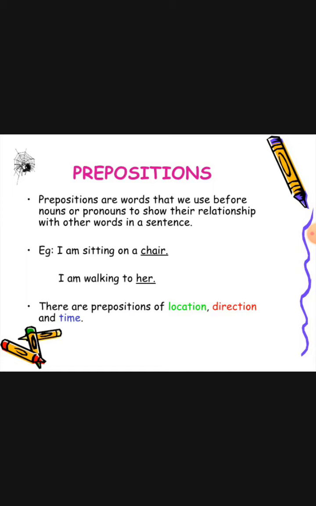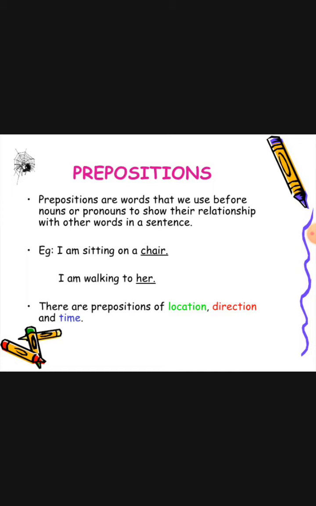This on is telling us how I is connected to the chair, or what the relation is between I and chair. So for showing that, we use prepositions.